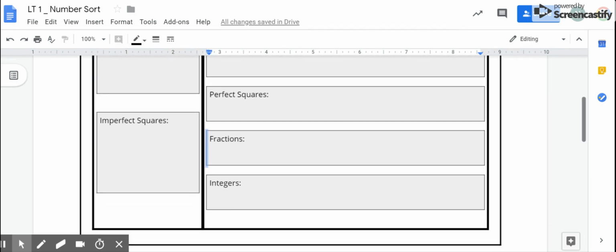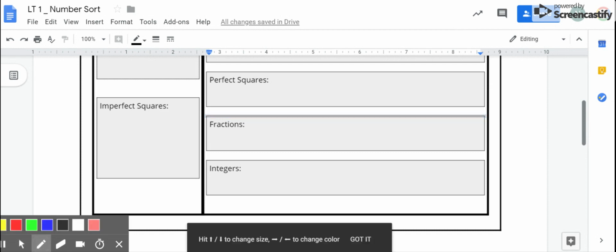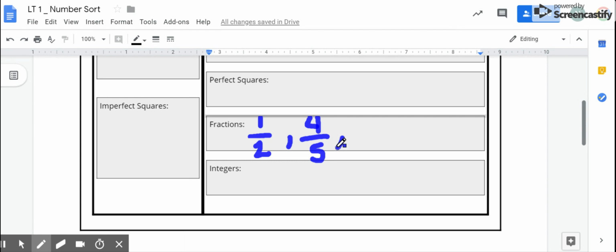So what that means is that whatever fraction we write down would be considered rational, right? So we could have 1/2. We can have 4/5. We can even have improper fractions, such as 7/4. Okay, so any of those fractions would be considered rational, and they're already in fraction form.